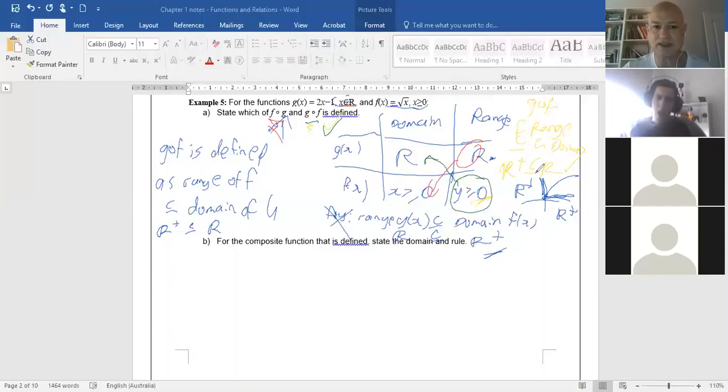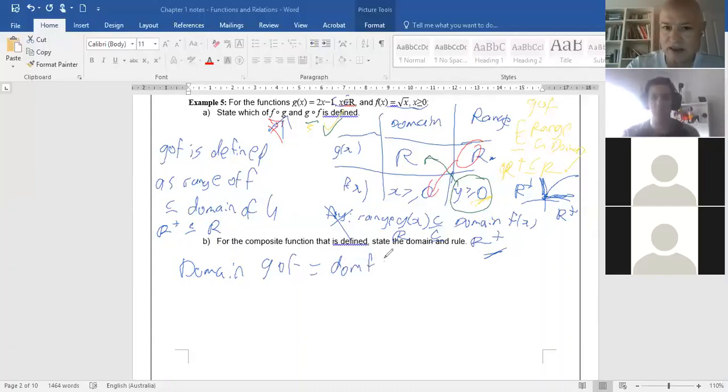Right. Part B says, for the composite function that is defined, and there was only one, GoF, state the domain and range. Okay, well, the domain of GoF. Now, remember up the top, we said that the domain of GoF actually equals the domain of the F function.